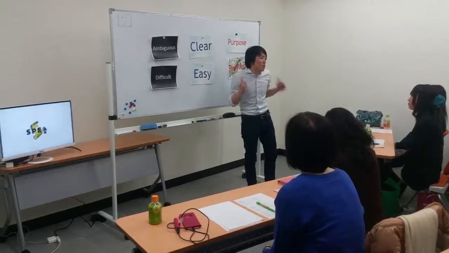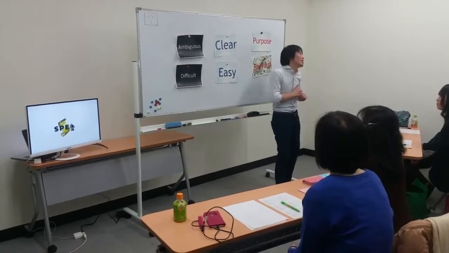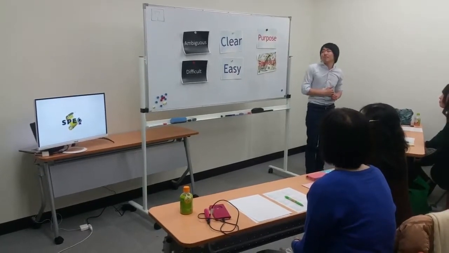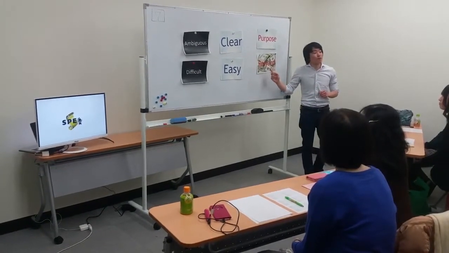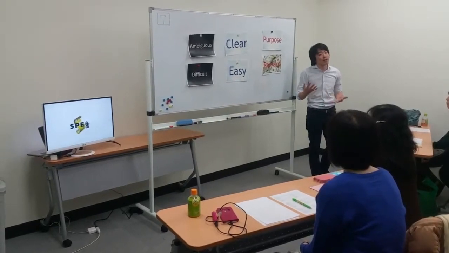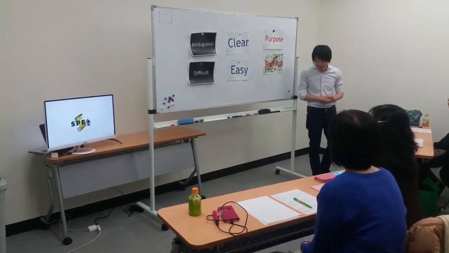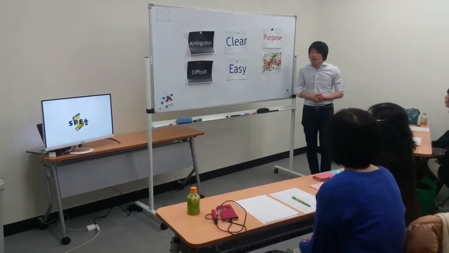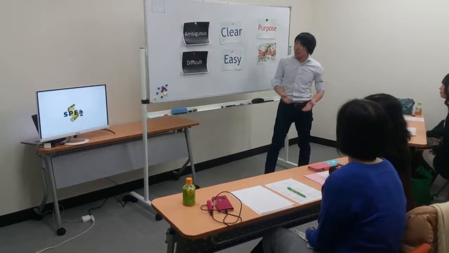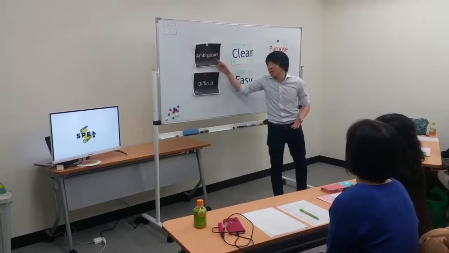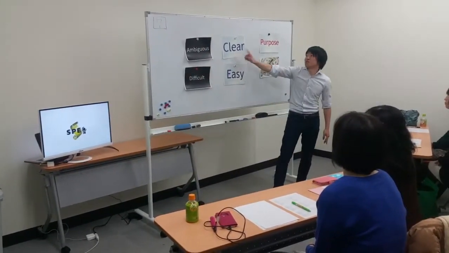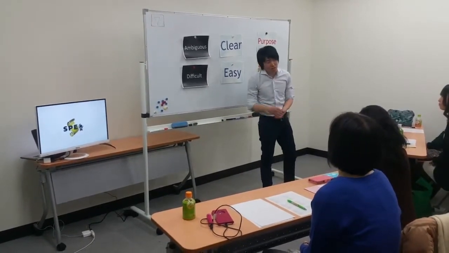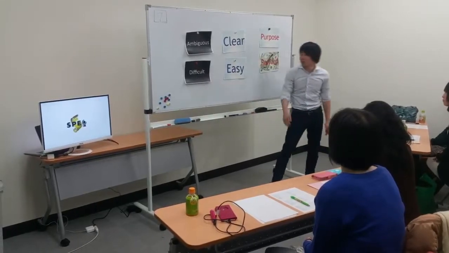So let me go over the points. A science presentation has a purpose to get a reward, as money or as a good promotion. Regarding this purpose or goal, there are two tips. Not to use ambiguous words, but to use clear words, and not to use difficult words, but to use easy words.